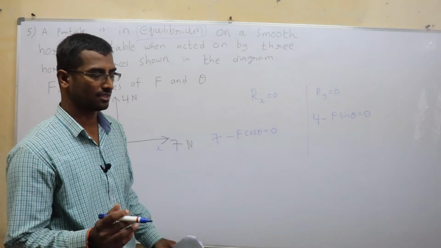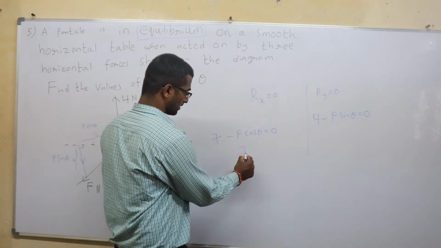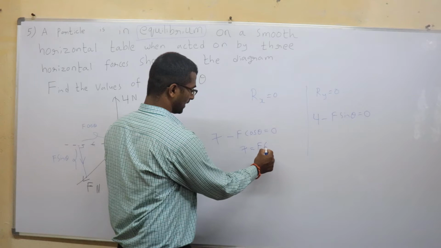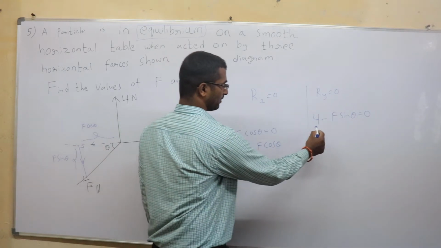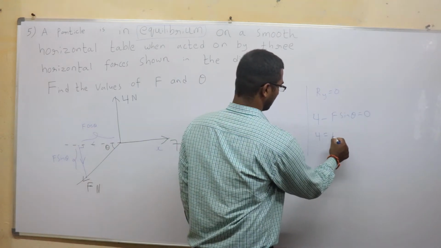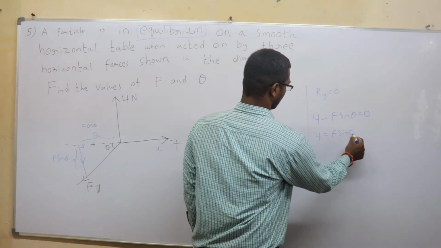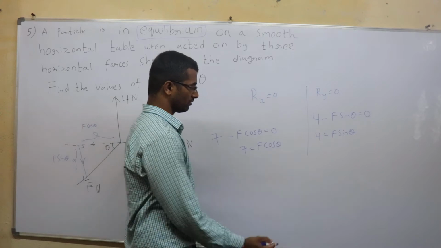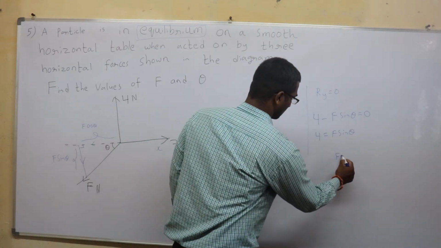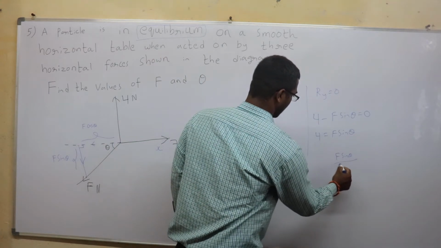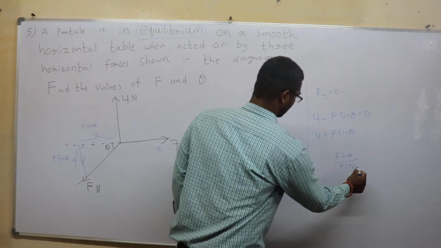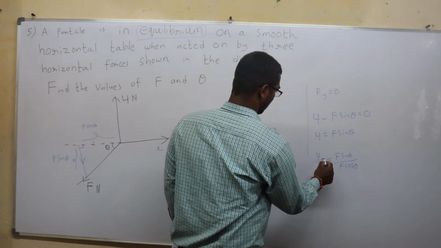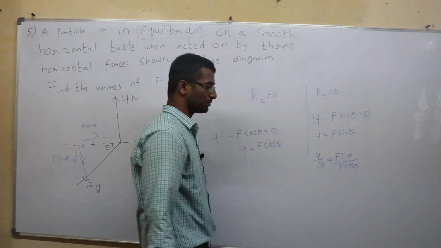How do we find them? See here. 7 equal to F cos theta. In the same way here, send F sin theta to the other side. Clear? Now I am dividing these two. F sin theta by F cos theta is equal to 4 by 7.